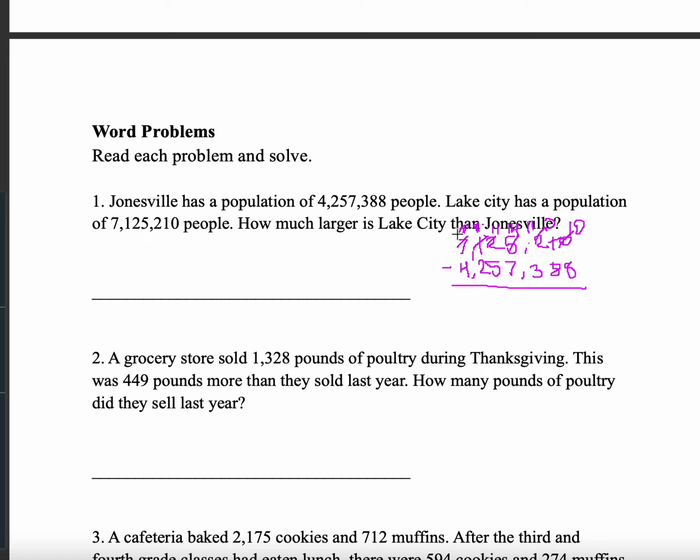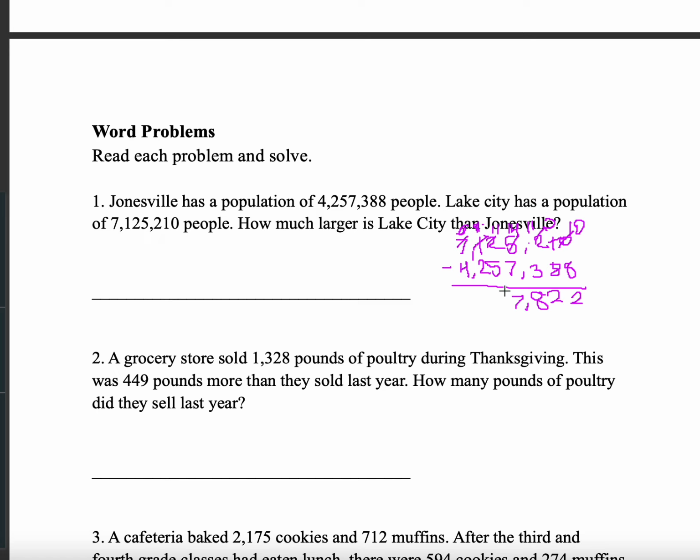So we got 7,125,210 people minus 4,257,388 people. So this would be 2. This would be 2. This would be 2. 2. This would be 8. This would be 7.